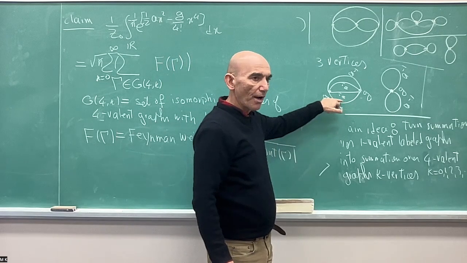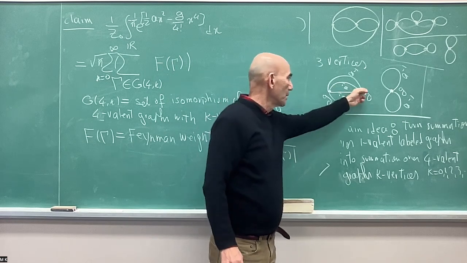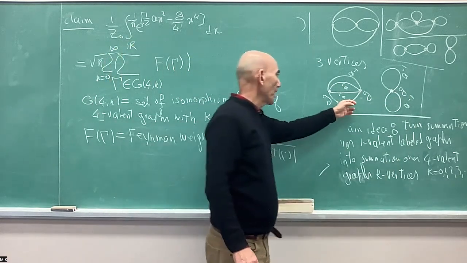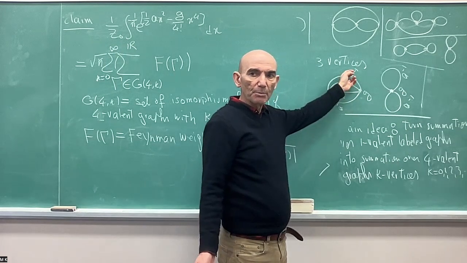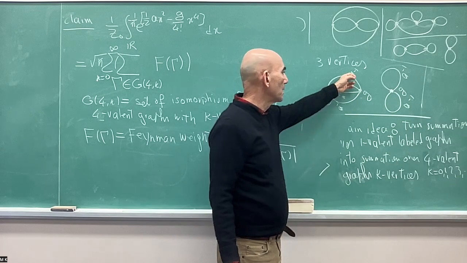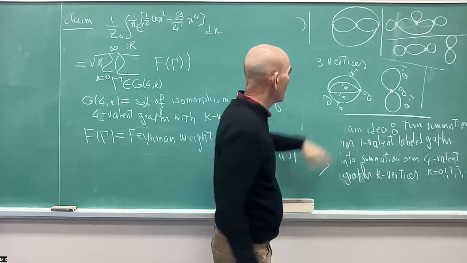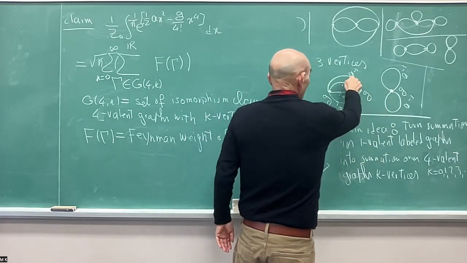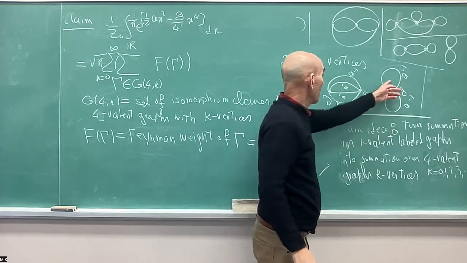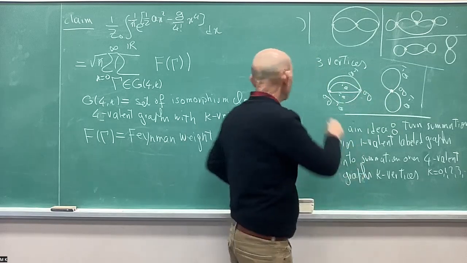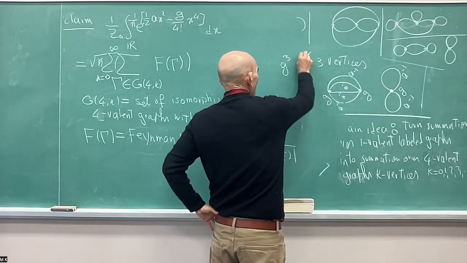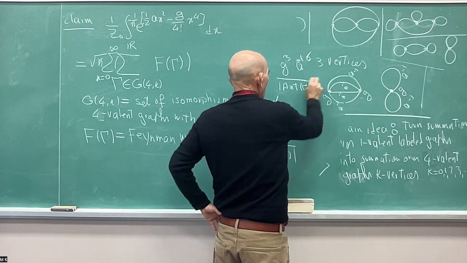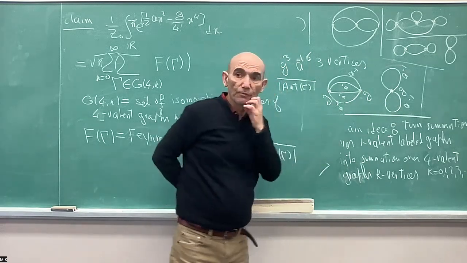We decorate each graph in the following way: on each vertex we put this G, the coupling constant, and on each edge we put the propagator. In this case it's very simple, it's A inverse, and we multiply all of them. In this case, for example, it's going to be G3 and then A inverse to the power 6, divided by the order of the automorphism group of gamma. So we have to compute the automorphisms.